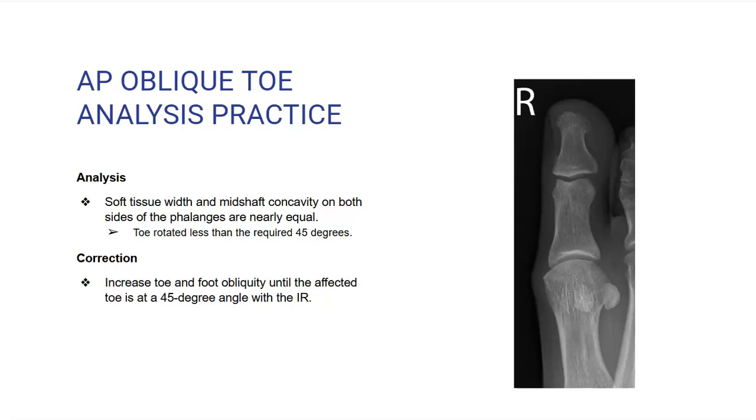To correct this, we want to increase that toe and foot obliquity until the affected toe is positioned at a 45-degree angle with the image receptor. Proper alignment and positioning of the foot will improve your joint space visibility and anatomic representation.